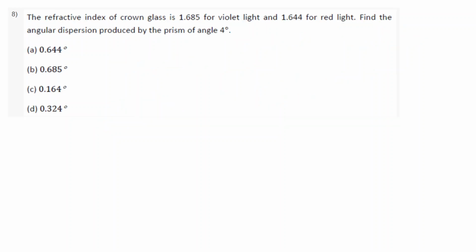Now the next question, question number 8. The refractive index of crown glass is 1.685 for violet light. We know refractive index depends on wavelength. So here they are saying that for violet light, we don't know its wavelength, but I'm just denoting it like this.